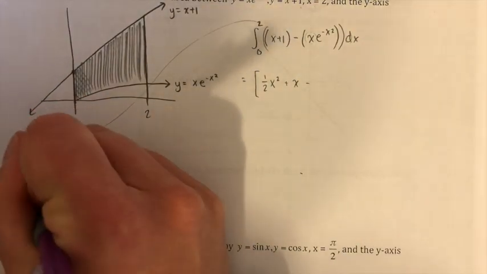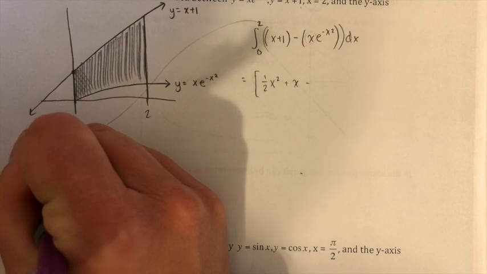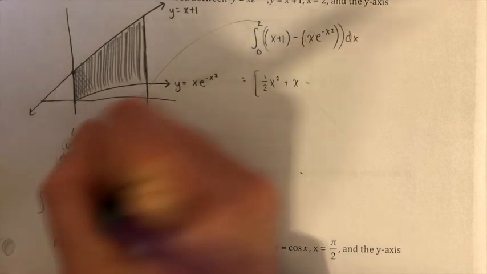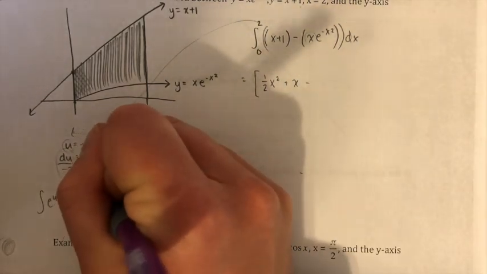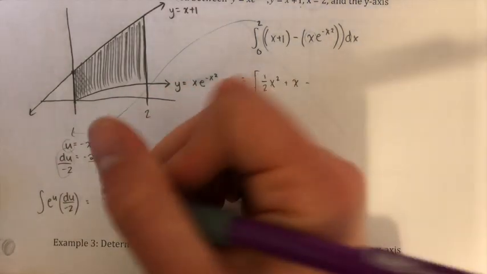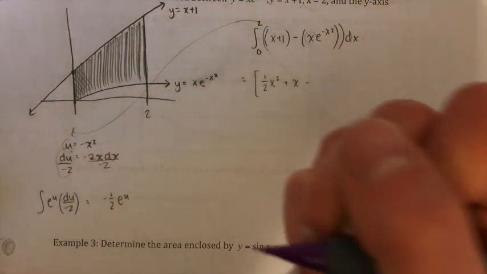Okay, so the integral of e to the u times du over -2 is equal to, that -1/2 can come out, and then e to the u du is just e to the u.